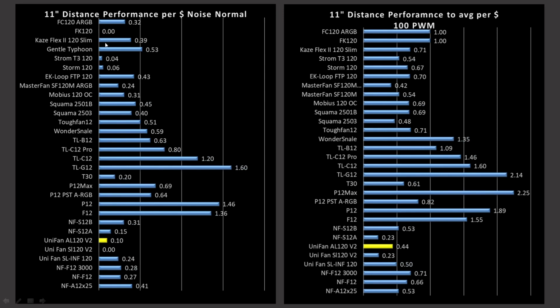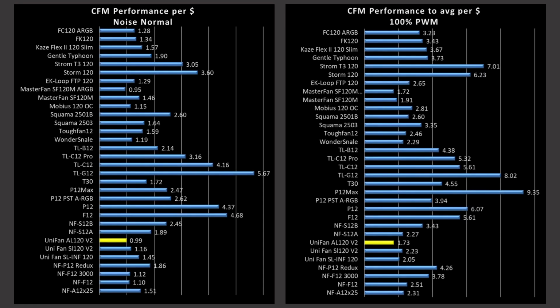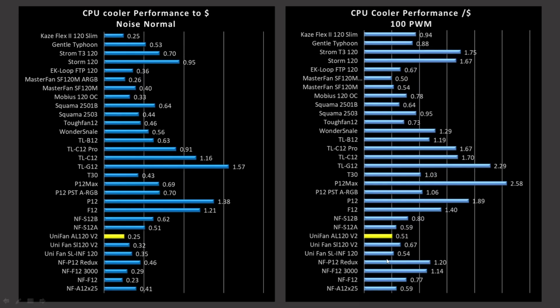There are other fans that had no airspeed, but no. At 100% pitot fan signaling, it's still no. So CFM testing, noise normalized, pretty bad. 100%, pretty bad value. There are other fans that are better value. And through the CPU air cooler, very bad.